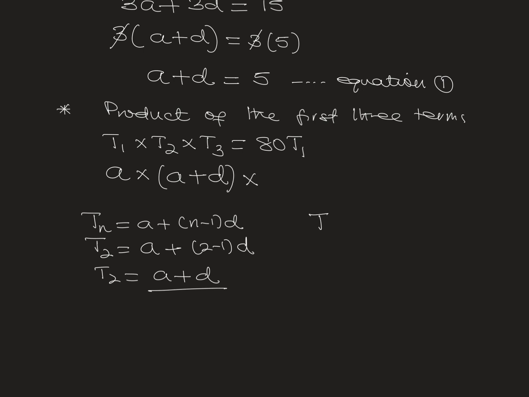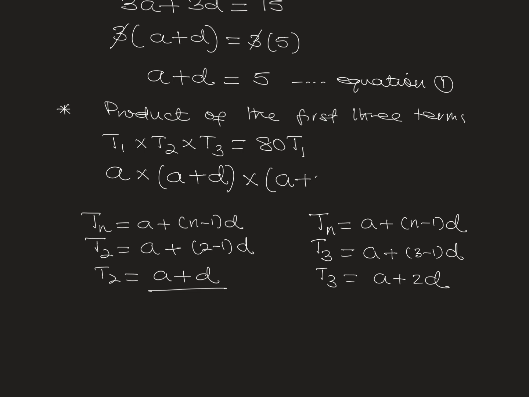Again, using the same formula, T sub n is equal to A plus n minus 1 times the difference, the third term will be A plus 3 minus 1 times the difference. The third term will be A plus 2D. Right? So that is A plus 2D. I hope you get that.